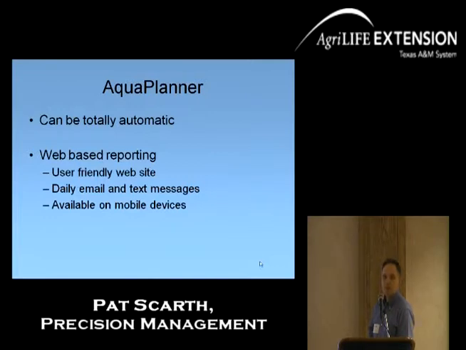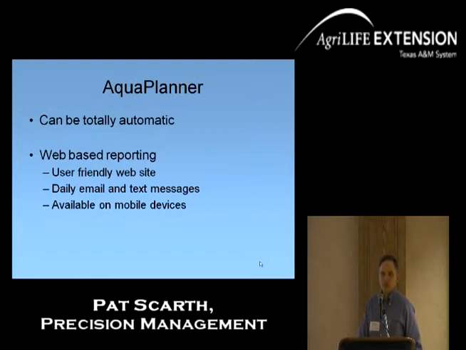And it can be totally automatic. We're set up with pivot track monitoring service, and we'll know when your sprinkler is running. We pick up radar estimated rainfall, so we know how much rainfall you've received on that field, and we keep track of the ET, and it's all automatic.